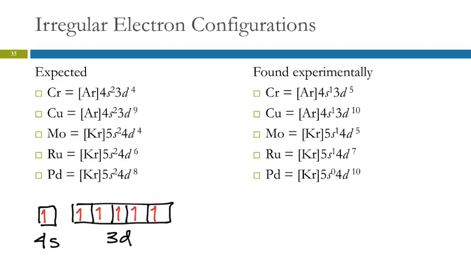Now the next one after chromium is manganese. The next electron coming in would go into this 4s, and then things would proceed normally until we get to copper. So copper, we expect, would be like this, 4s2, 3d9. But that's not very pleasing, right? This is one awkward thing.